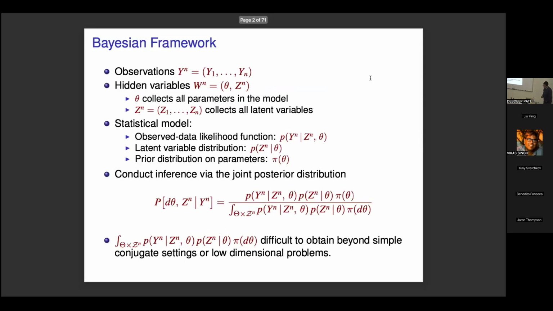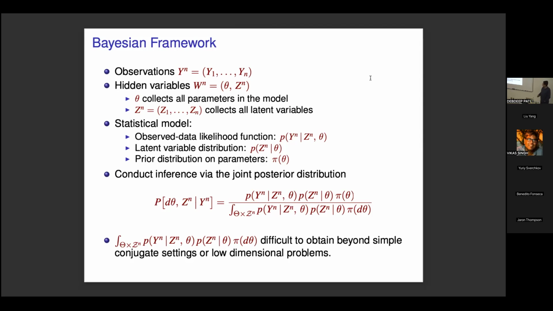Okay. So I'll jump right into the notations. So I'll denote Y superscript n to be the set of all observables. And the set of all hidden variables is denoted by W superscript n, which includes the parameter of interest theta and the vector of latent variables z1 through zn.